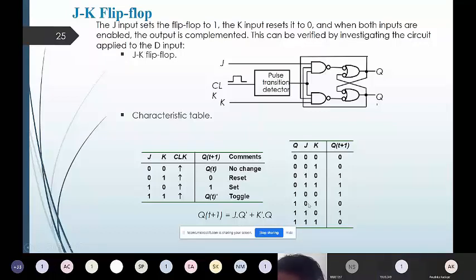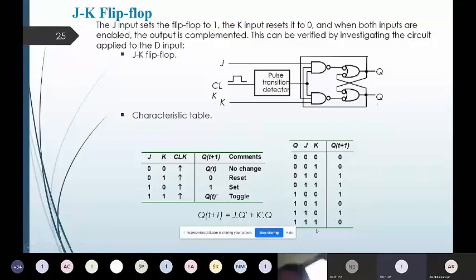So this Q of t plus 1 will become 0. In the next condition, J is 1 and K is 0. J 1 and K 0 is always driving your flip-flop into the set mode. So whatever may be your present output, that will not impact the value of this Q of t plus 1. So this, being J equal to 1 and K equal to 0, will drive the next state to the set state only.